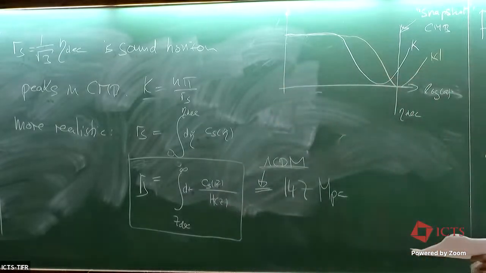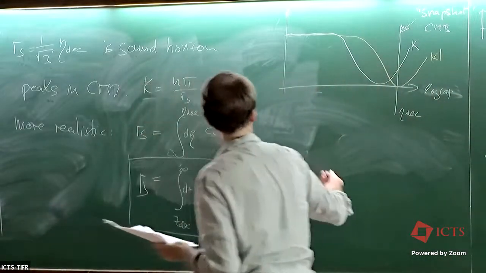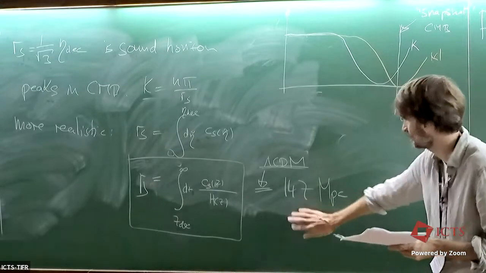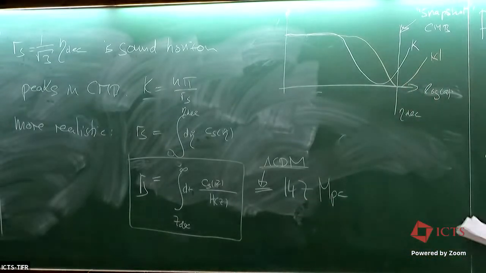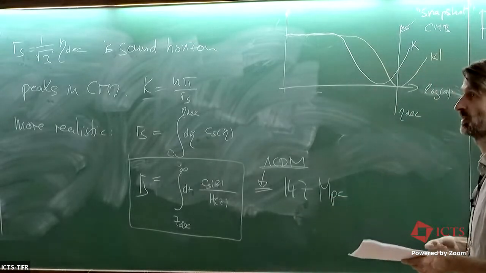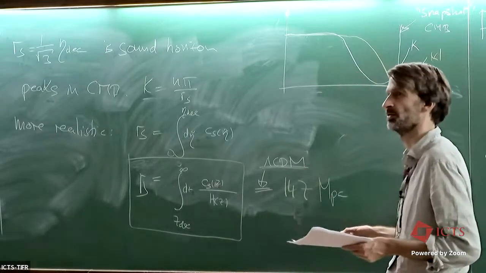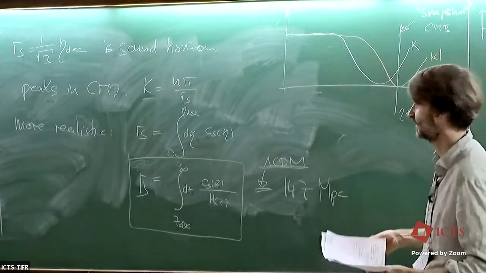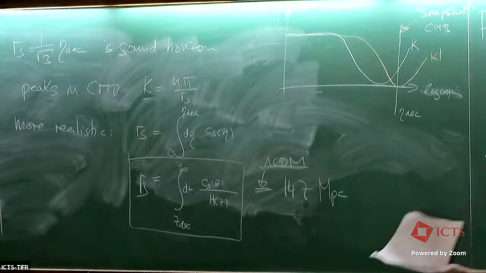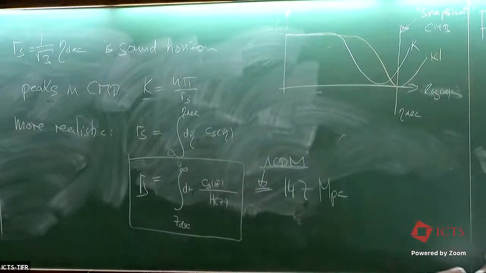So the sound horizon, by the way, is a co-moving scale. To get the physical scale, we still have to multiply it by the scale factor. But this is then what you get if you assume the lambda CDM model. And in the exercise, you are supposed to reproduce that value. It's quite instructive to see that you get a very concrete number by not making too complicated assumptions of the model.